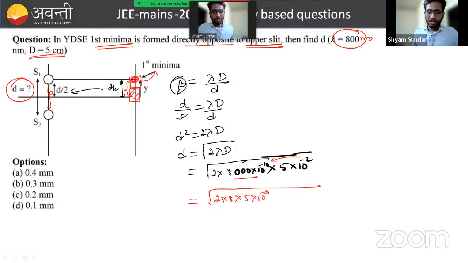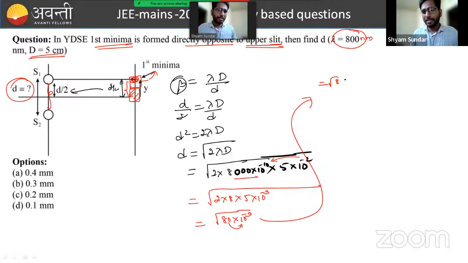Now, 8 fives are 40, 4 twos are 80, meaning 80 into 10 to the power of minus 9. Then give this 0 to this one, and it becomes 10 to the power of minus 8. Once it comes out from the root, it becomes 10 to the power of minus 4. Hence, root 8 into 10 to the power of minus 4. Right? And calculate this value.